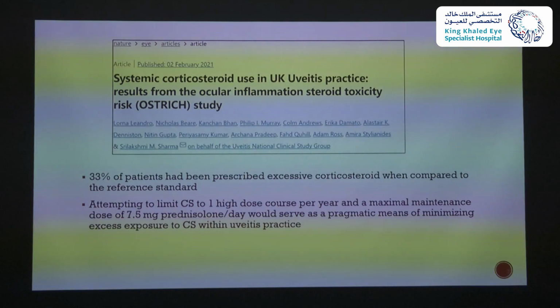This is also another paper, and it concludes that we should limit the use of high-dose corticosteroid to once per year if there is a flare-up. If there is a flare-up more than once per year, it is better to look for another treatment modality.